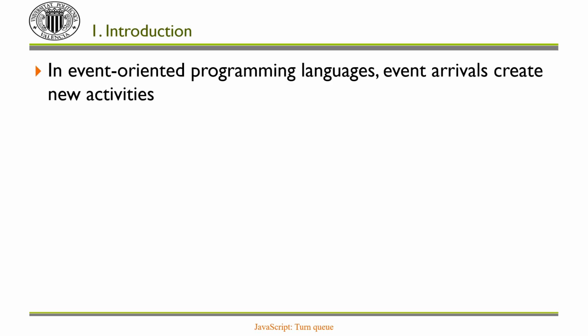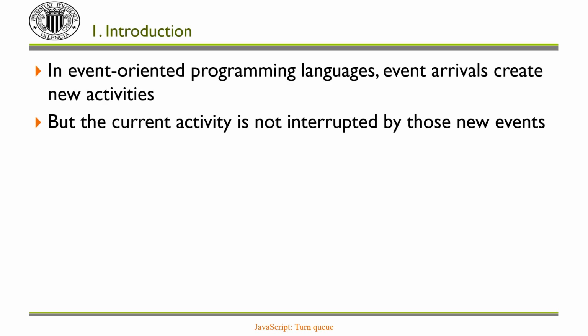They compete for the processor, so we should give priority to one of them, and the election is that we give priority to the currently running activity, so that it isn't interrupted.